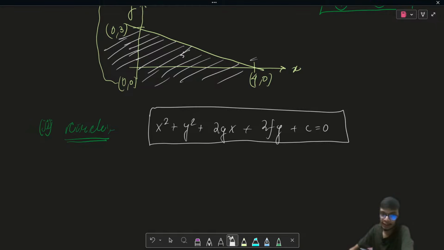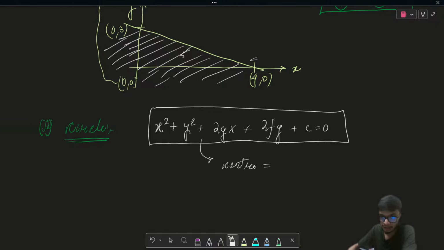And also please note that the coefficient of x square and y square is the same and there is no coefficient of xy, right? So in the general equation of conics, when you have zero coefficient of xy and the coefficients of x square and y square are equal, then we get a circle, right? From here we can also infer certain results.